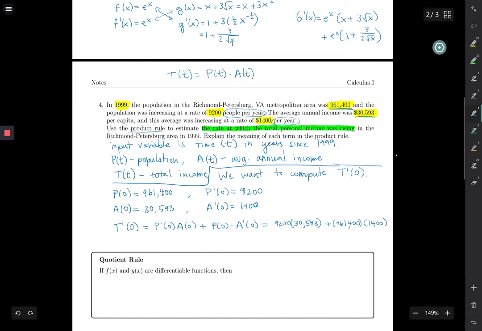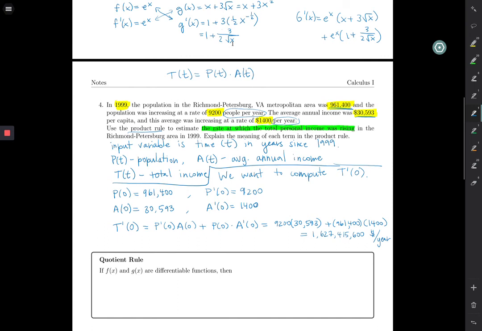Okay, so you can plug this into a calculator, and you should get that this would be, let's see, 627,415,600. So that is how fast the total income earned by everyone in Richmond, Petersburg, Virginia is increasing per year. So this is dollars per year would be the correct units for that.